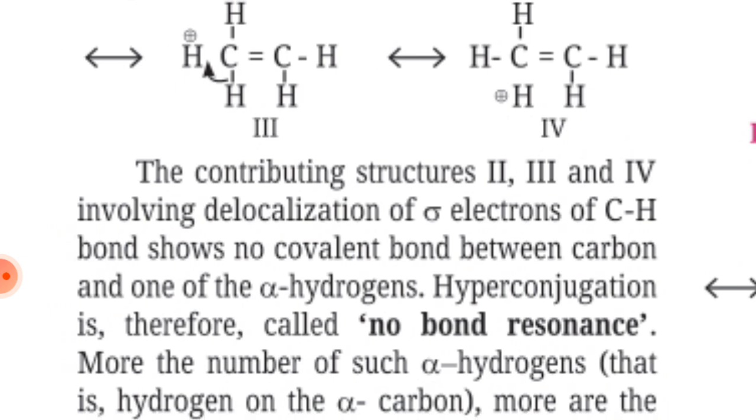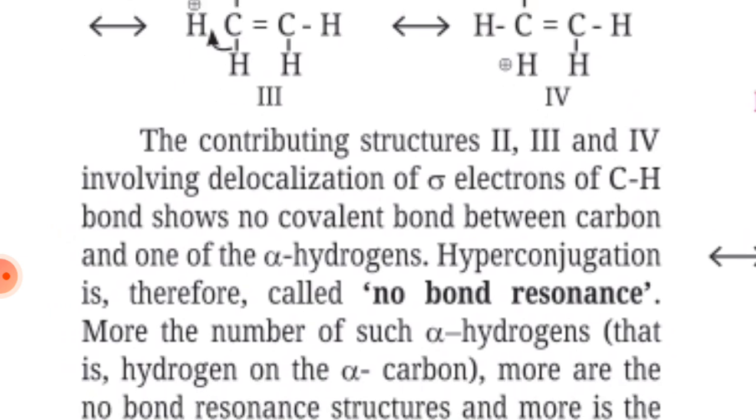The contributing structure 1, and contributing structures 2, 3 and 4 involving delocalization of the sigma electrons of the C-H bond, show no covalent bond between carbon and one of the alpha hydrogens. Hyperconjugation is therefore called no bond resonance.